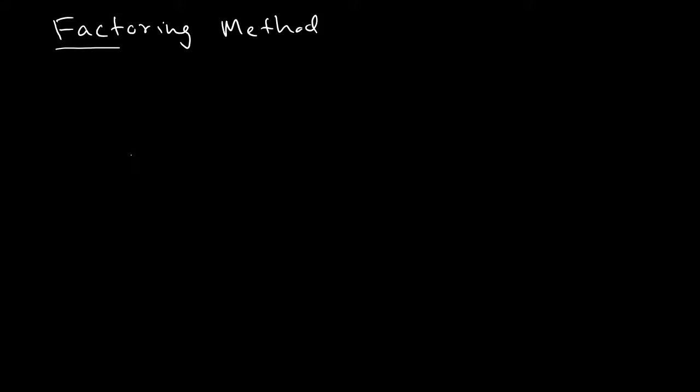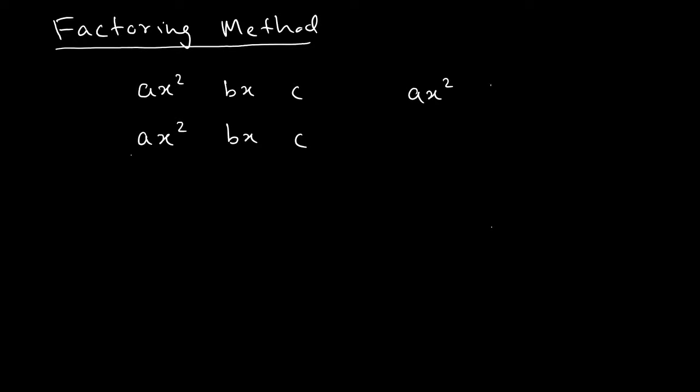In the factoring method there are four cases to consider. We can have ax squared plus or minus bx plus or minus c. So what are those four cases?